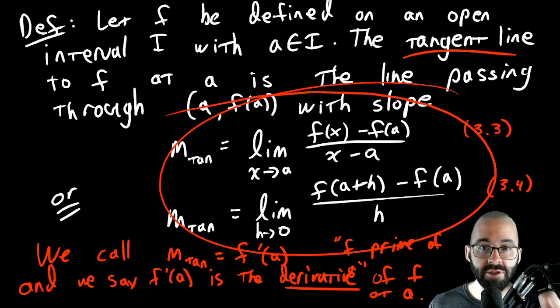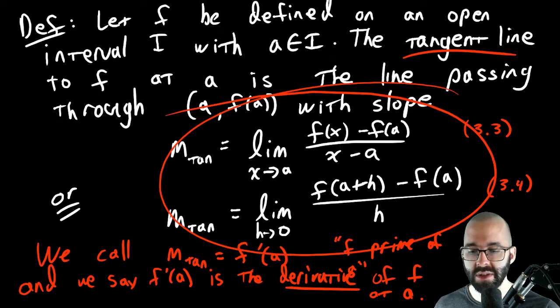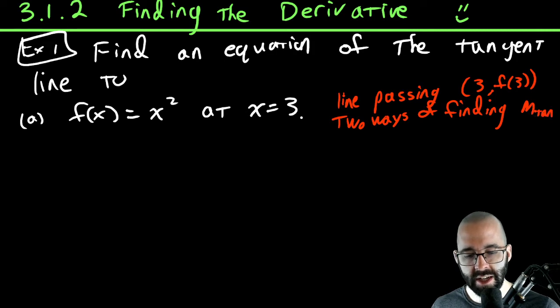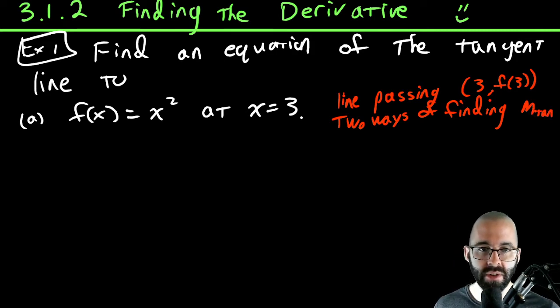And there's 2 ways of finding that slope, with slope m sub tangent. 2 ways of finding the tangent line slope. The derivative.